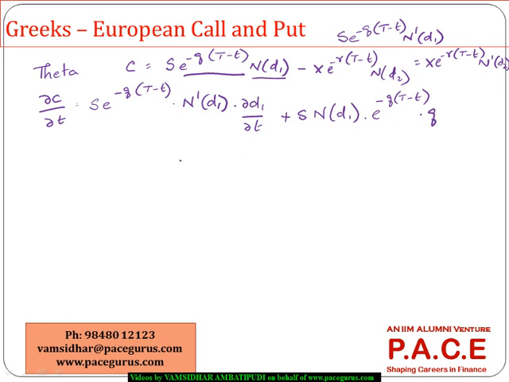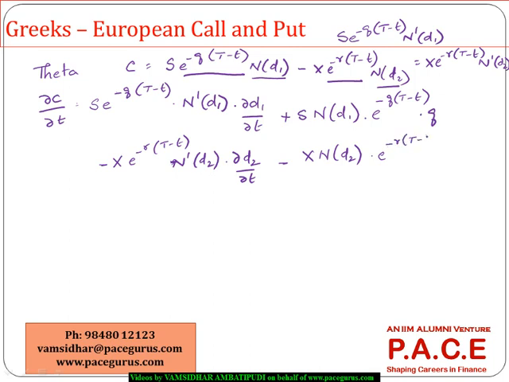Similarly on the right hand side, minus, again t is present here as well as here. So it is going to become minus X e^(-r(T-t)) N'(d2) ∂d2/∂t minus X N(d2) e^(-r(T-t)) into r. This is what is typically coming out.